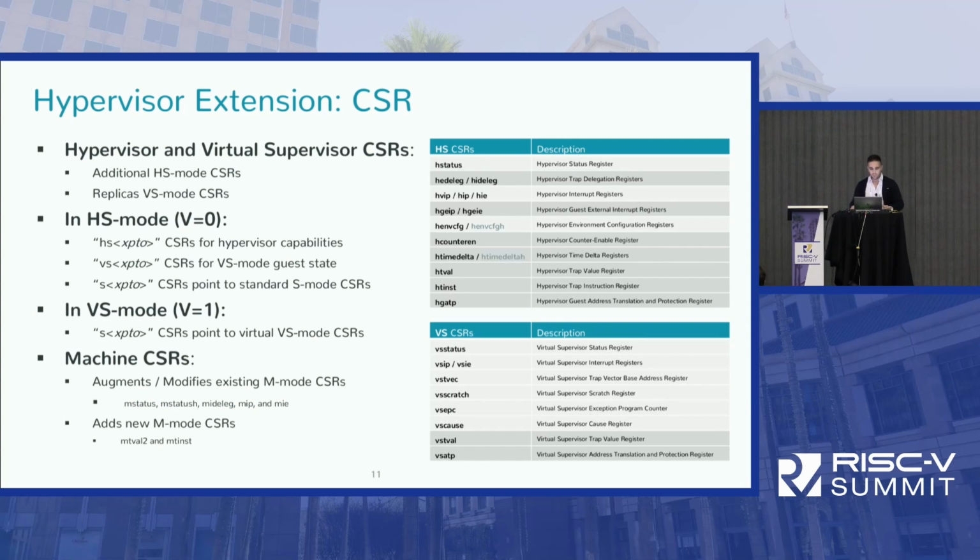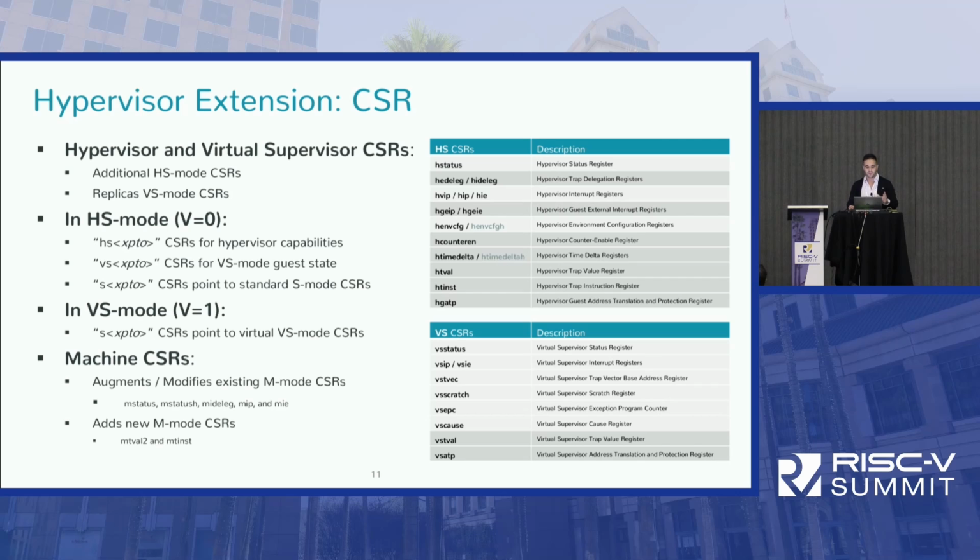Well, part of this extension starts with the control status registers. We have hypervisor and virtual supervisor CSRs: hypervisor CSRs for hypervisor capabilities, virtual supervisor CSRs for guest access. And just for reference, on the right side, I listed all the registers in terms of HS and VS mode.